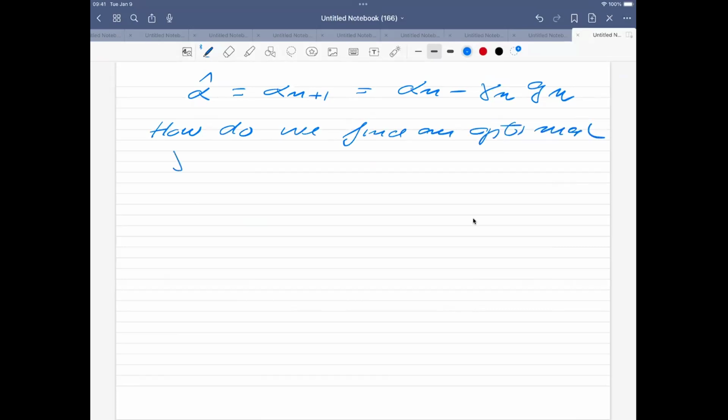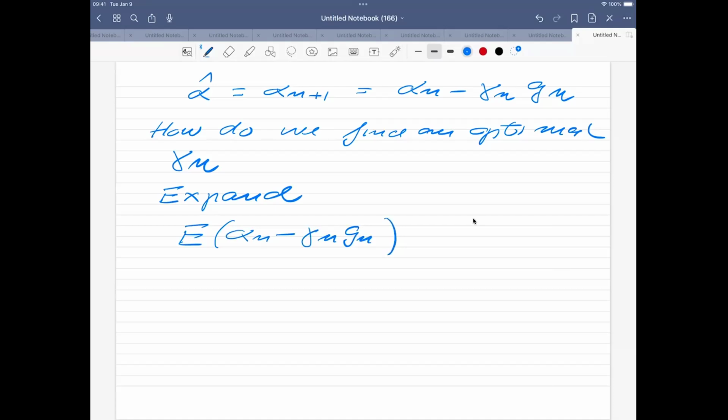gamma_n? What we can do is simply to make a Taylor expansion. So we perform a Taylor expansion of the energy evaluated at alpha_n minus gamma_n times g_n. We are free to Taylor expand around this value.